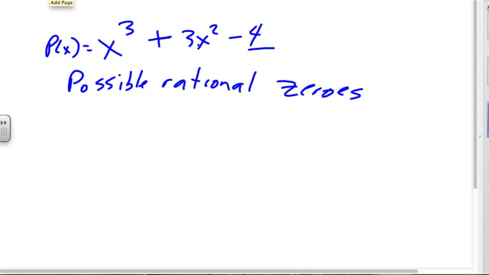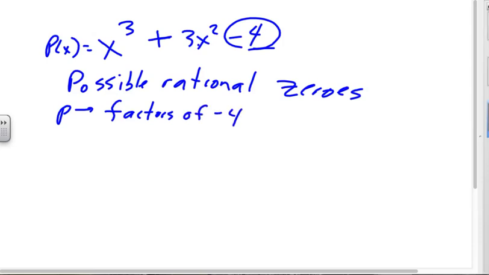Okay, so we need to find, first of all, factors of -4. Those are going to be my p's. They're my factors of -4, which are going to be plus or minus 1, plus or minus 2, and plus or minus 4.